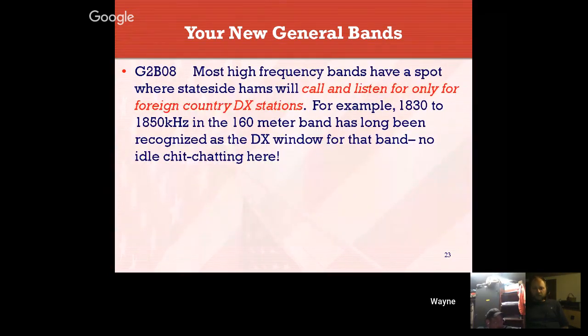Most high frequency bands have a spot where stateside hams will call and listen only for foreign country DX stations. For example, 1830 to 1850 kilohertz in the 160-meter band has long been recognized as the DX window for that band. No idle chit-chatting here.